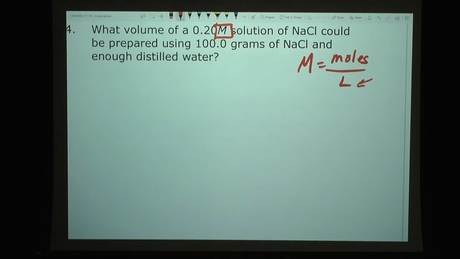What else do we know? We know grams. Can we convert grams to moles? Yes. Once we have an answer in moles, can we convert moles to liters if we know the conversion factor of moles per liter? Yep. Mrs. Arnold can do it. Can you? Yes. Now, in this one, I'm going to start with my 100 grams of NaCl.